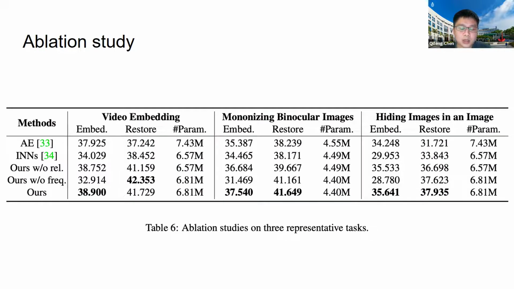We also compare with other models. Actually, we originally started with autoencoder or simply invertible neural network, but they don't achieve very high quality results yet. So they are also among the potential models.